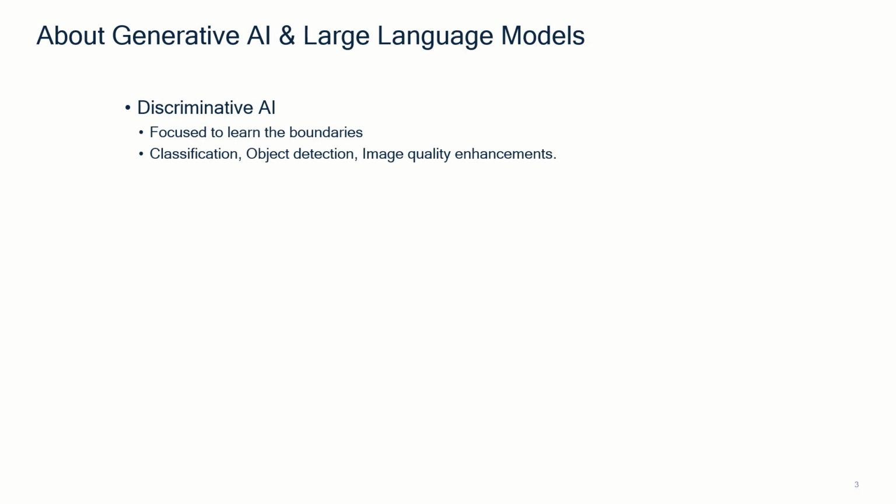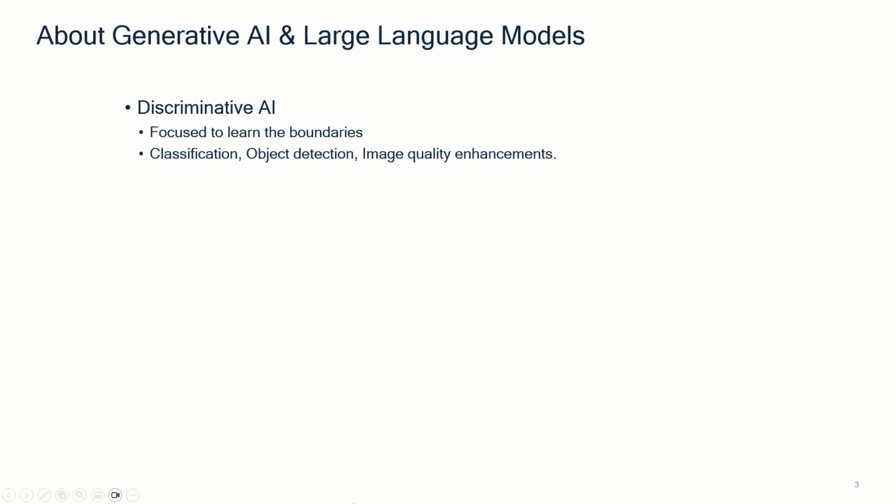Some use cases of discriminative AI are classification, object detection, segmentation, and a wide variety of image quality enhancement models. All these models try to tell you what is already there. For example, if you show an image of a cat, it will tell you it's a cat. As humans, we know what it is, but this model has the intelligence to clearly tell what is already there. There's nothing they tell you that we don't already know.